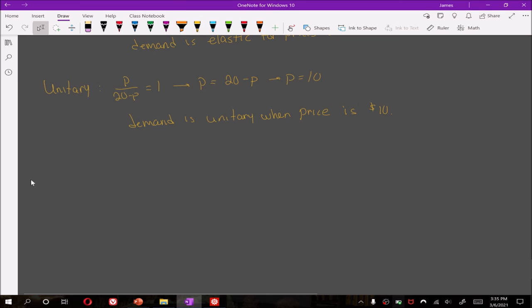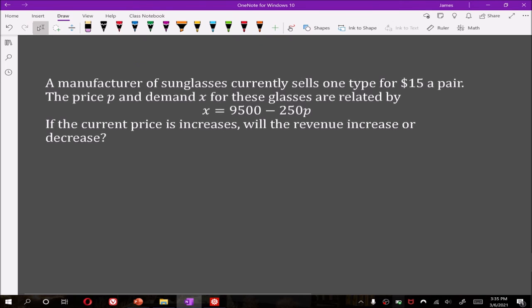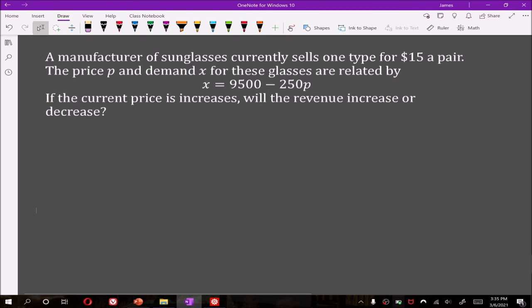Finally, let's consider this example. Manufacturer of sunglasses currently sells one type for $15 a pair. Price and demand are related by the given equation.